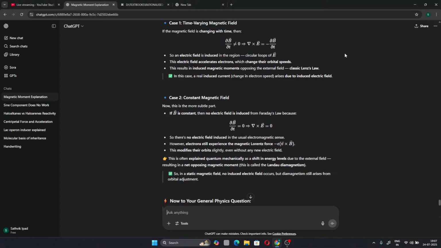This electric field accelerates electrons, which changes their orbits. But it is saying a magnetic field is induced in that region, but how so? Constant magnetic field.